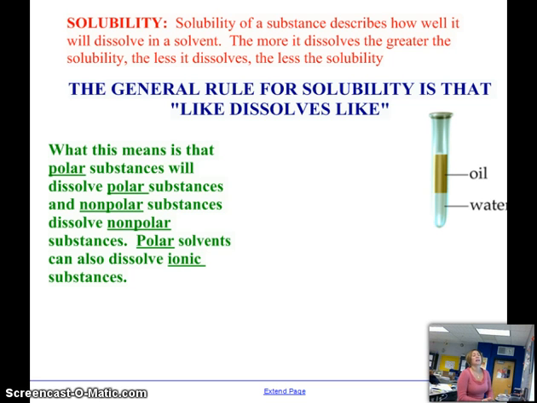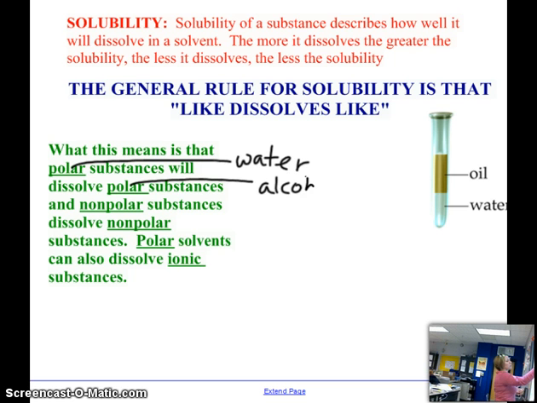Solubility is defined as how well something dissolves, and the general rule for solubility that I know you've heard before is like dissolves like, which means polar things like water will dissolve other polar things like alcohol or ammonia, which is also polar.